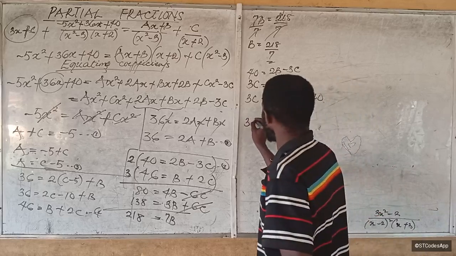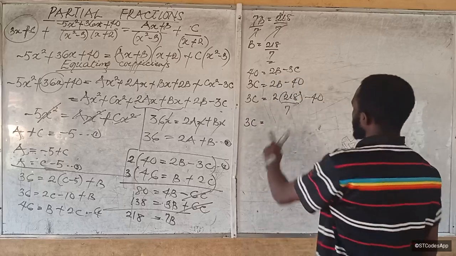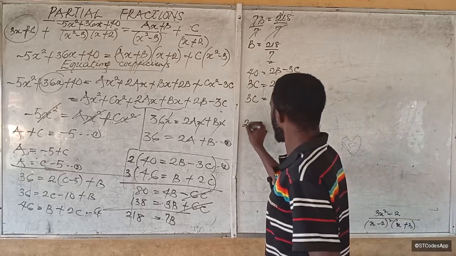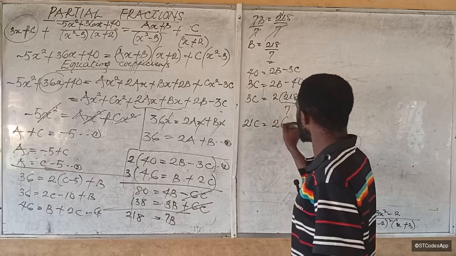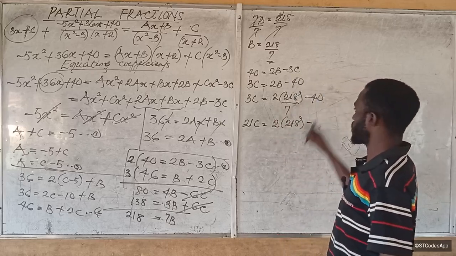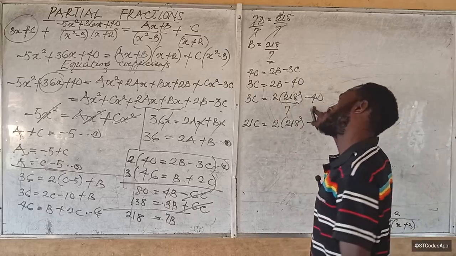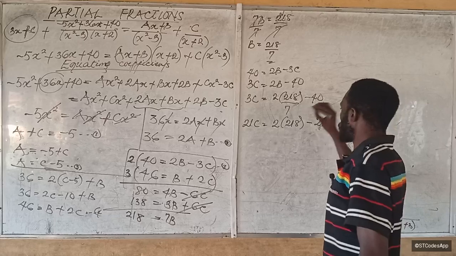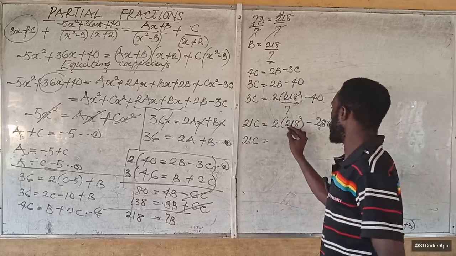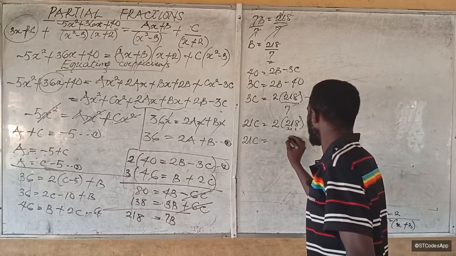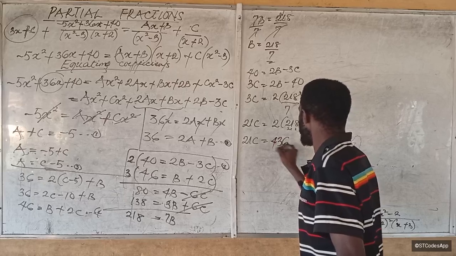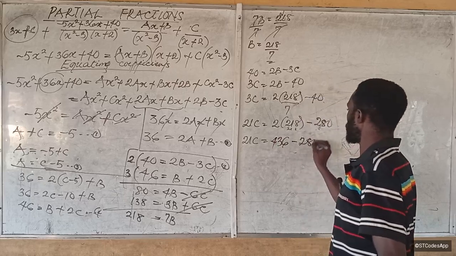Okay, so we have 3C will be equal to, let's multiply through by 7. So here will be 21C is equal to 2 into bracket 218 minus, multiply this guy by 7, that will give you 280. So you have 21C is equal to 2 times 218, that's 436, minus 280.